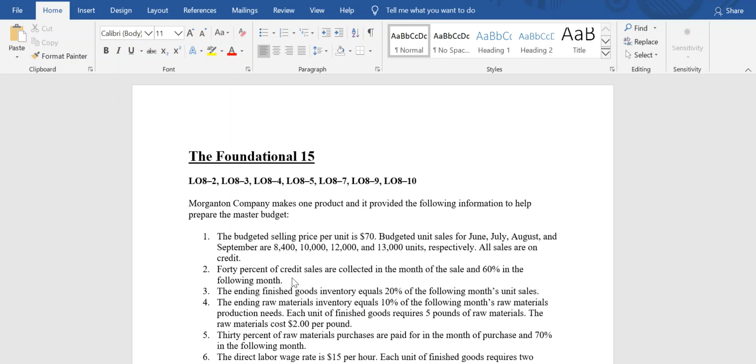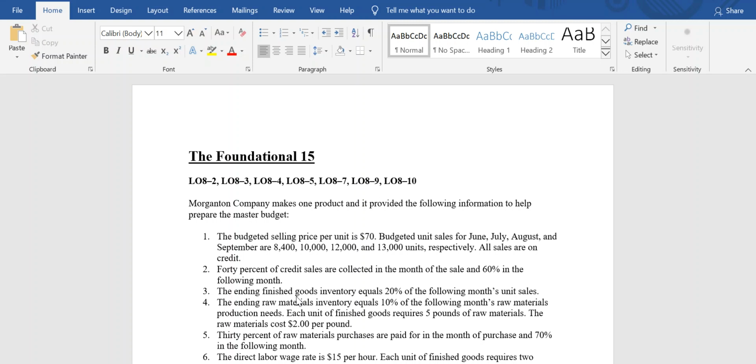They have a budgeted selling price per unit of $70 and budgeted sales for June, July, August, and September as reported here. 40% of the credit sales are collected in the month of sale and 60% in the month following. The ending finished goods inventory equals 20% of the following month's unit sales.